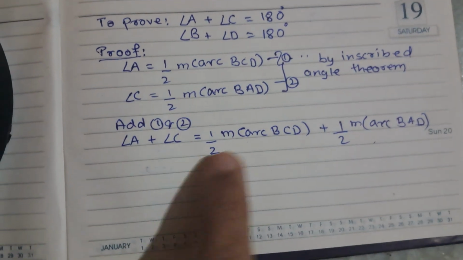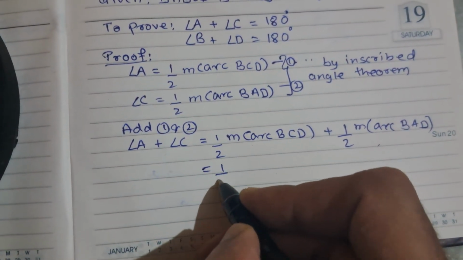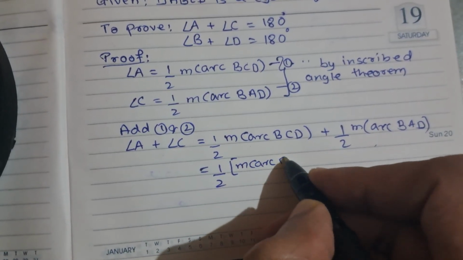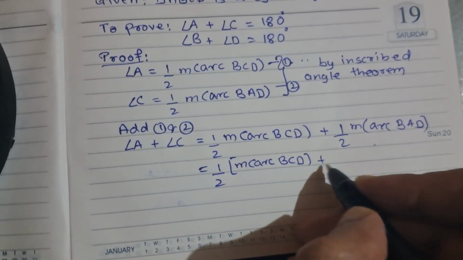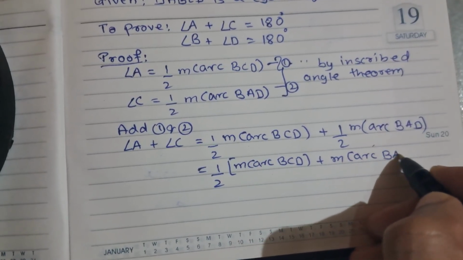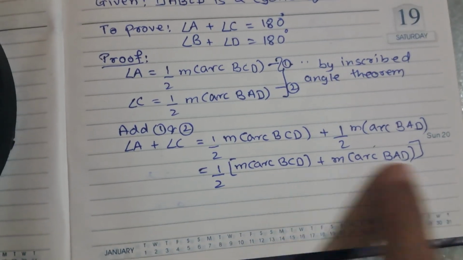Done. So both of them have half in common, right? Let me take this out. If I take half common out, what will be left with me? Measure arc BCD plus measure arc BAD. Correct? If I take half common out, this is the thing which will remain inside the bracket.